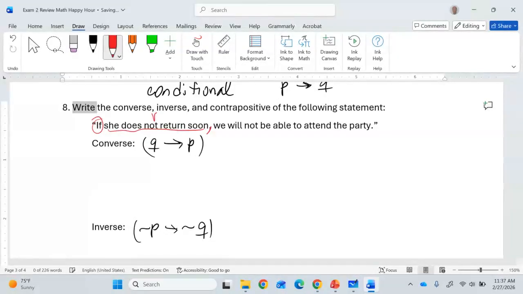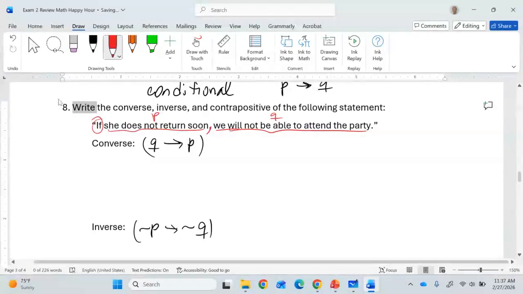All of this is P, and all of this, including the we, is Q. So, if she does not return soon, then, or even if you don't have the then, you can just put a comma, which is a pause. Everything that goes after the comma is the consequent: we will not be able to attend the party.